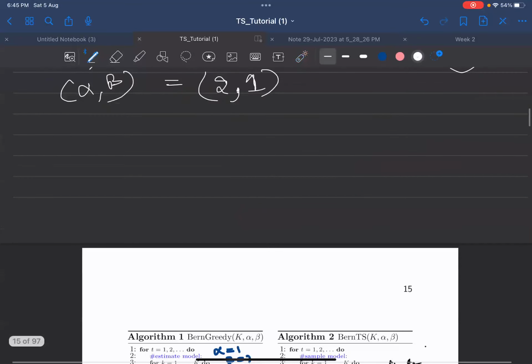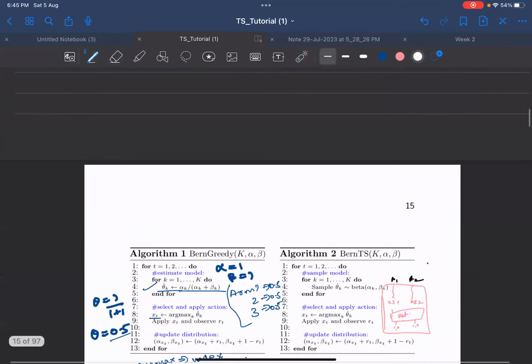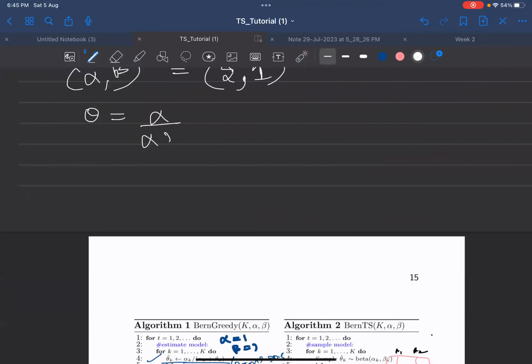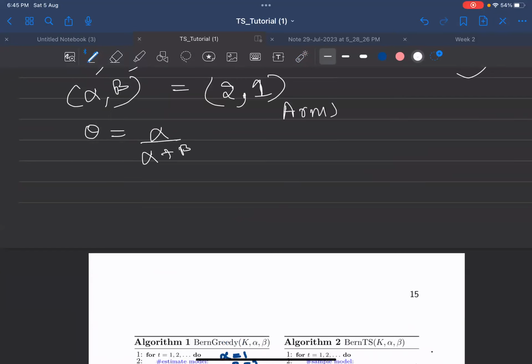Now again I'll go back and update the theta. Theta is equal to alpha over alpha plus beta. Now this is arm 1, arm 2, arm 3. For arm 1, 2 over 2 plus 1, that is 2 over 3.